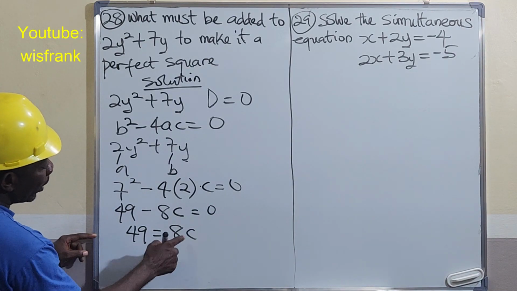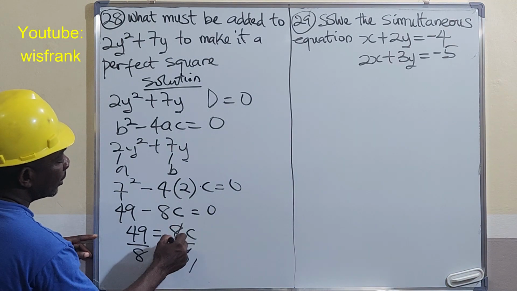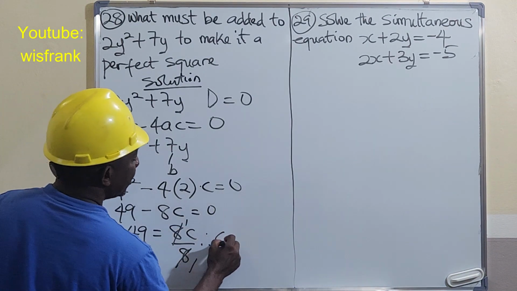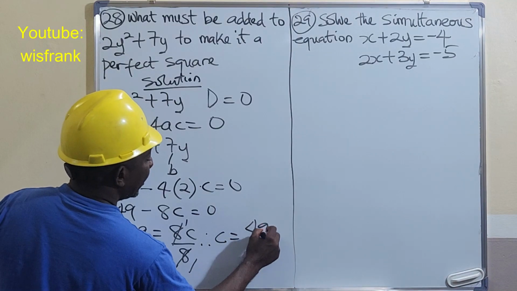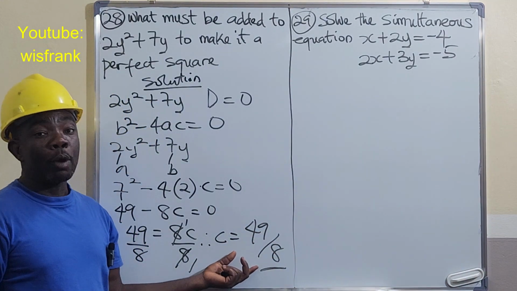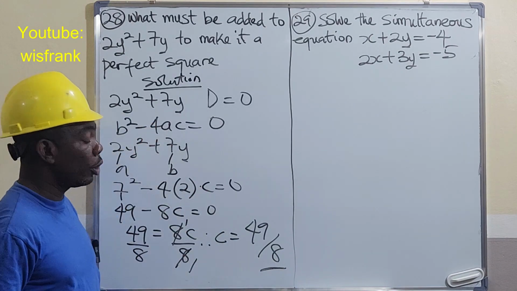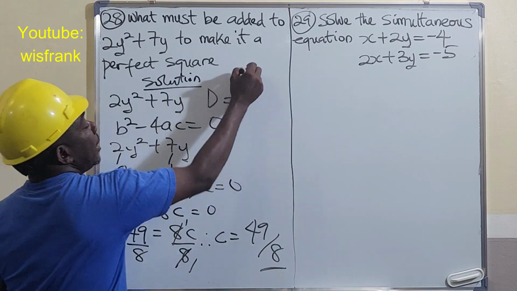Here we can divide all through by 8. Dividing all through by 8, 8 cancels 8, so c equals 49 over 8. So this is the constant that will be added to this equation to make it a perfect square, and the correct option on that equation was D.